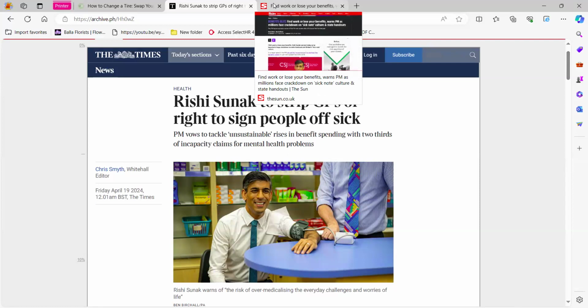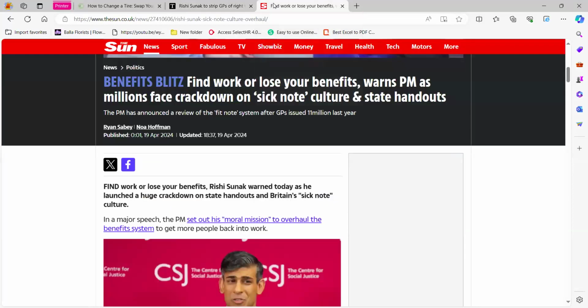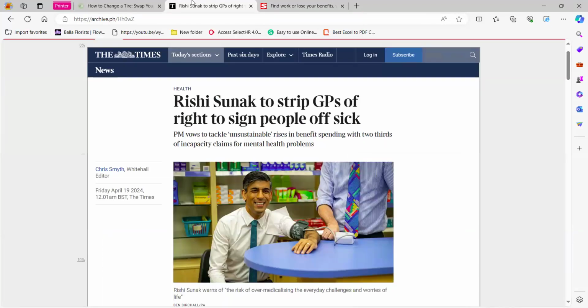Which one is more dramatic? The Times is the serious one, I think. Yes, so it's actually the Times that is the serious one.